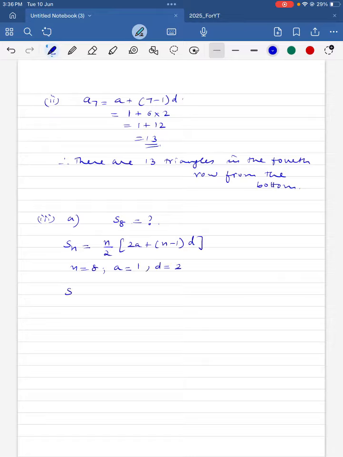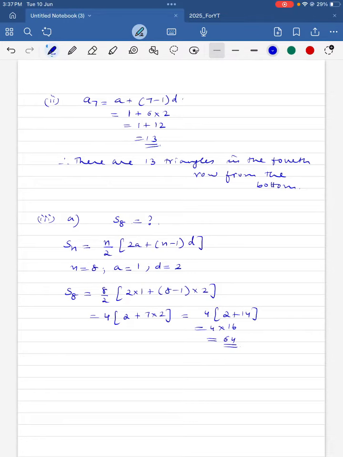So S8 is equal to 8 by 2 into 2 times 1 plus 8 minus 1 into 2. So that's 4 times 2 plus 7 into 2, which is 4 into 2 plus 14, which is 4 into 16. And that's equal to 64. So we know that till the 8th row, there are 64 triangles.